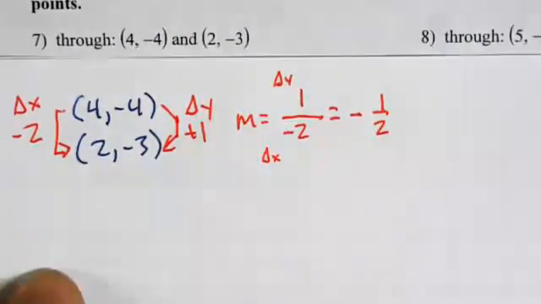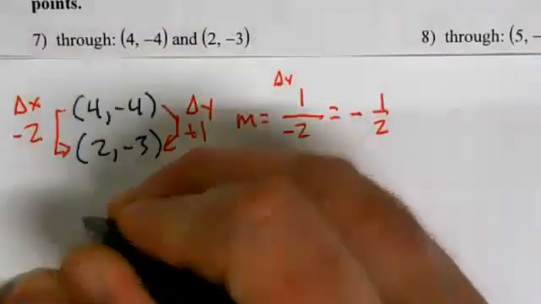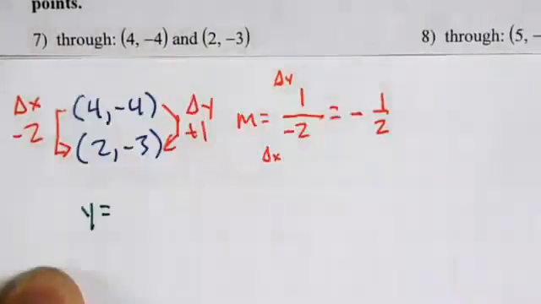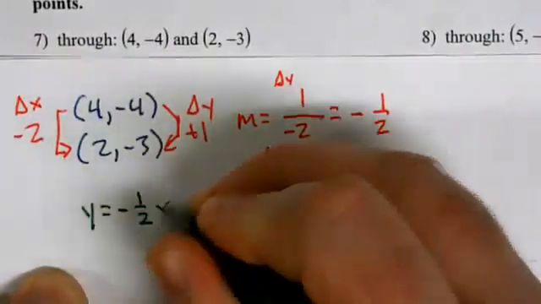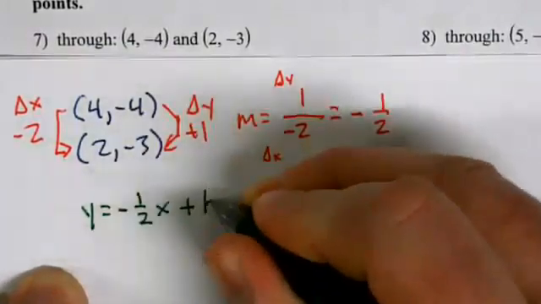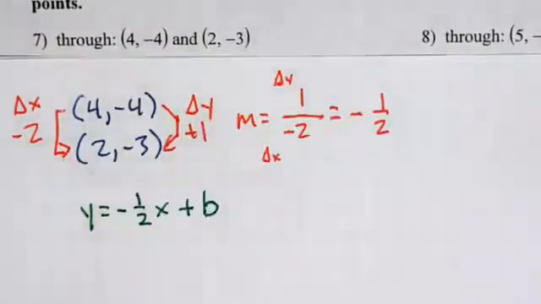Now let's go ahead and start writing our equation. Y equals, and then the slope comes next before the x. So the slope that we found was -1/2, plus, we don't know what b is, so we're just going to put a b there. So this looks a lot like the problems that we just did, right?